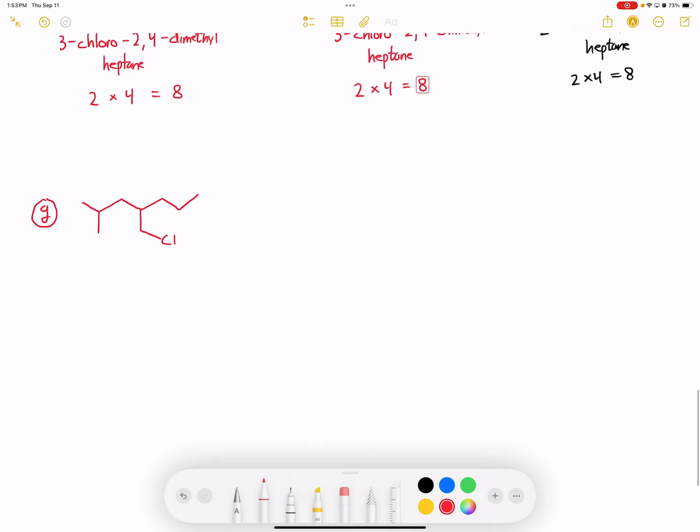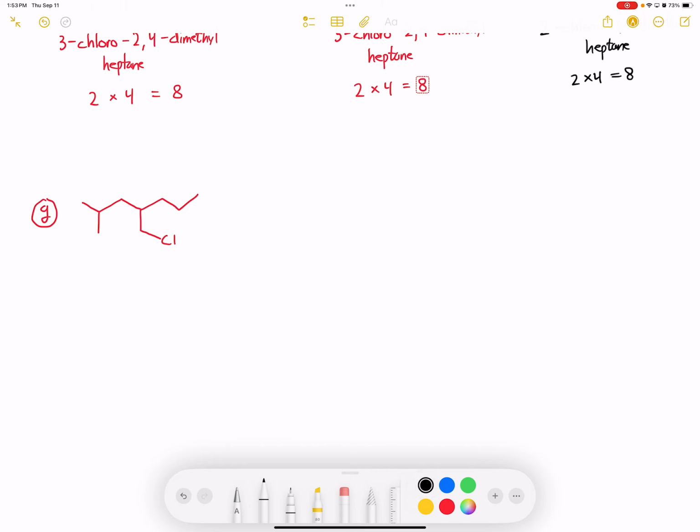So we would call this what? Yes. So it's just chloromethyl, right? And there's only one carbon, chloromethyl. Very good. All right.